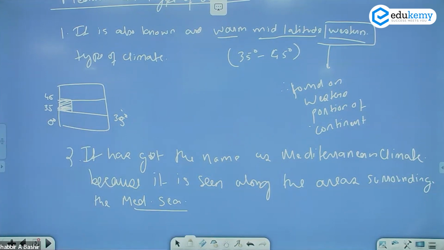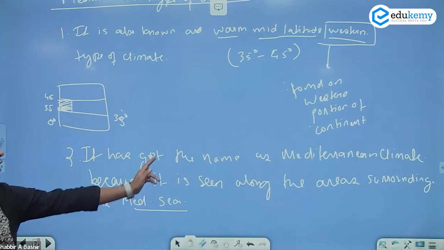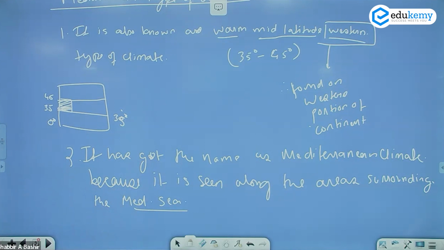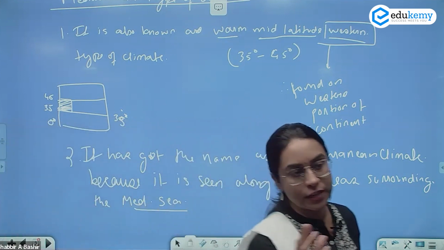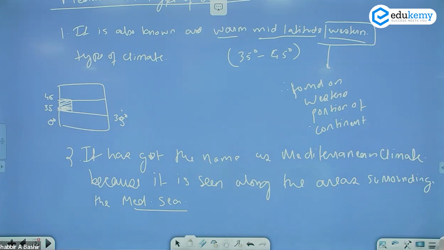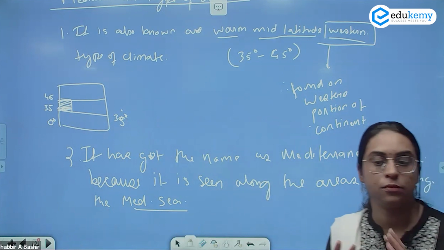In the areas surrounding the Mediterranean Sea, we have this type of climate, and therefore it is called the Mediterranean type of climate. Other name is warm mid-latitude western margin climate.